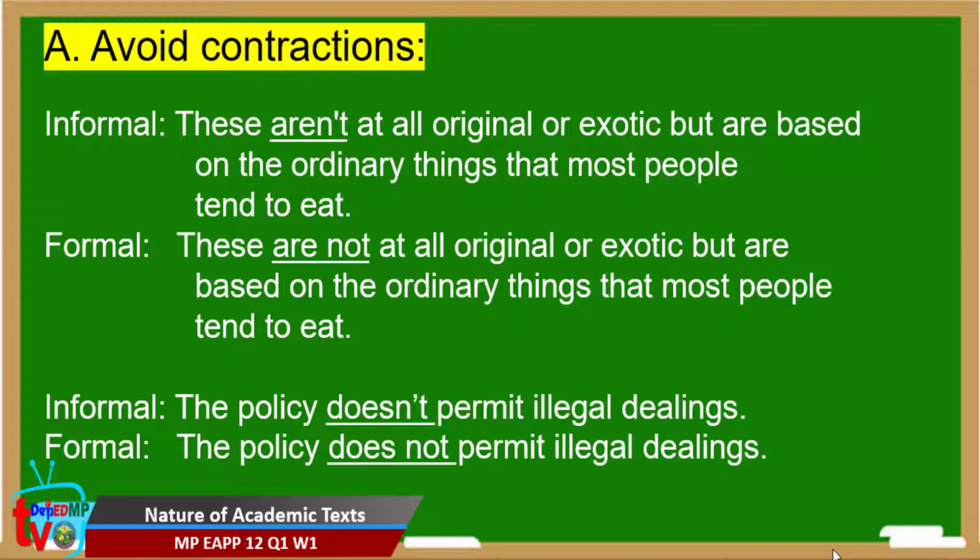Formal sentence: These are not at all original or exotic, but are based on the ordinary things that most people tend to eat. Instead of using aren't, use the full form are not. Second example, instead of using doesn't, use does not.